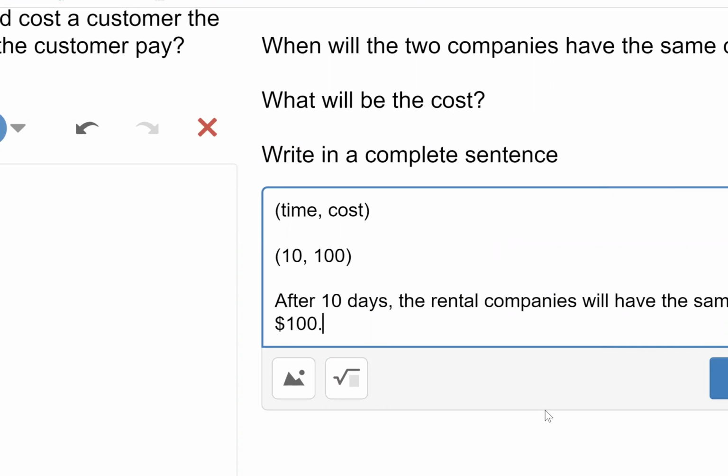And this is what we did back in topic 1, when we had to set the two equations equal to each other and figure out when they were going to be the same. All we're doing now is that we have a two-variable equation and we're graphing them.